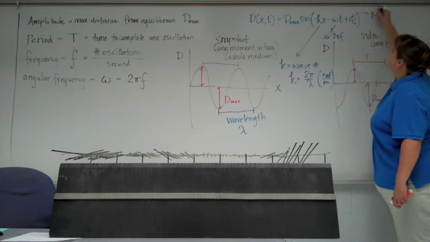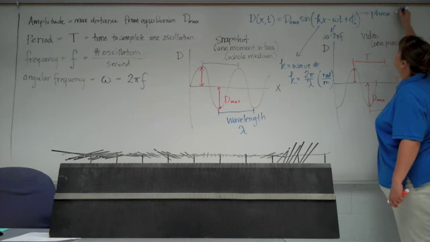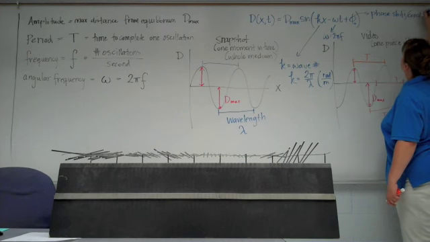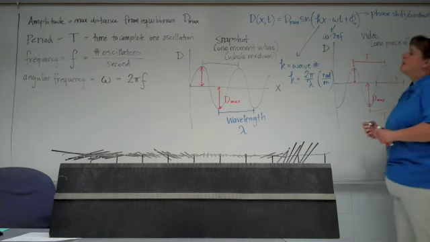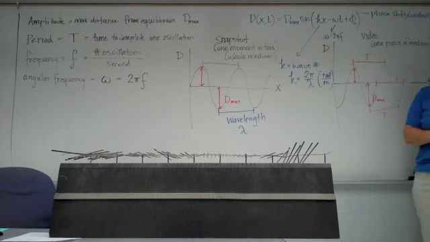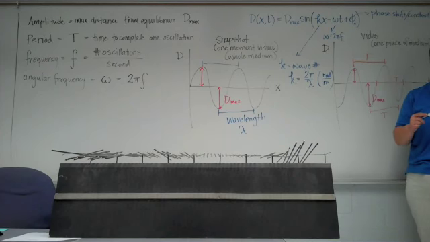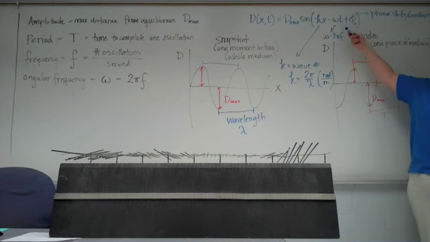Phi naught is the phase shift, or phase constant. That just makes sure your function satisfies the initial conditions. That makes sure the starting point of your graph matches what this function would graph.